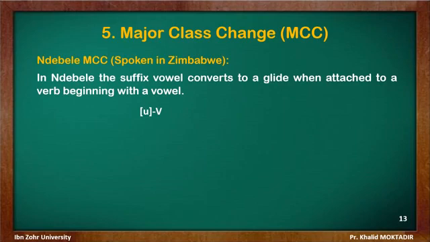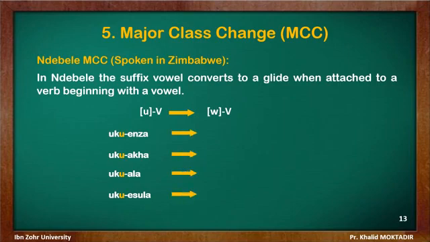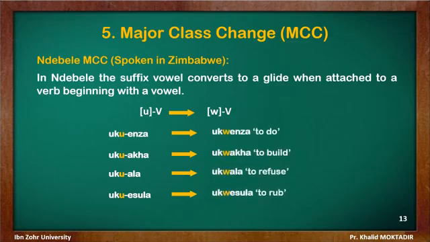When you have the vowel U followed by another vowel, this vowel U becomes the glide W. Look at the data below: ukuenza, ukuaha, ukuala, ukuesola, and this will be pronounced as in the following examples: okuenza, okuaka, okuala, okuesola.